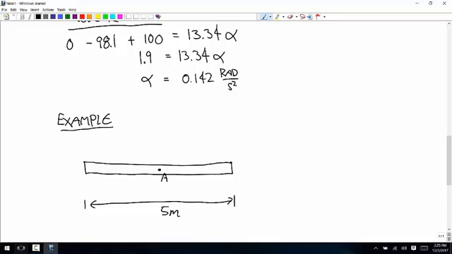And let's say there's a force of 500 newtons acting half a meter from the axis on this side. And a force of 100 newtons at the end on the other side.